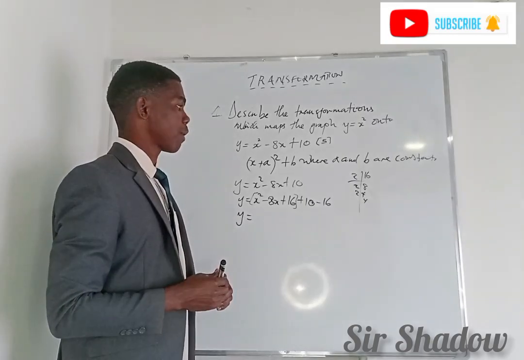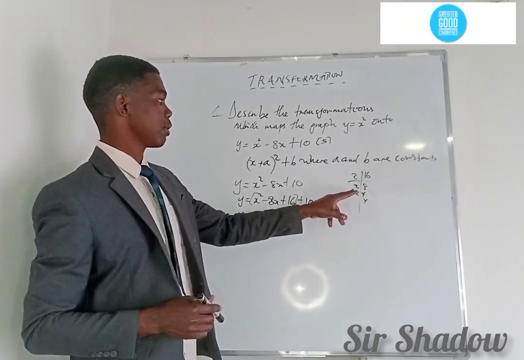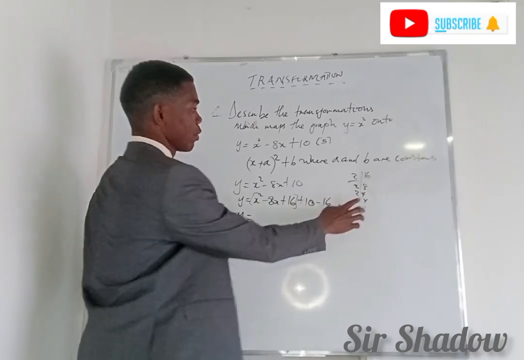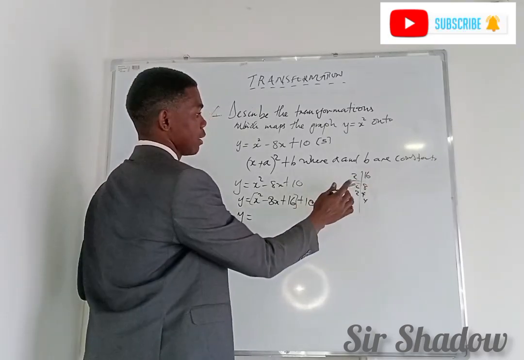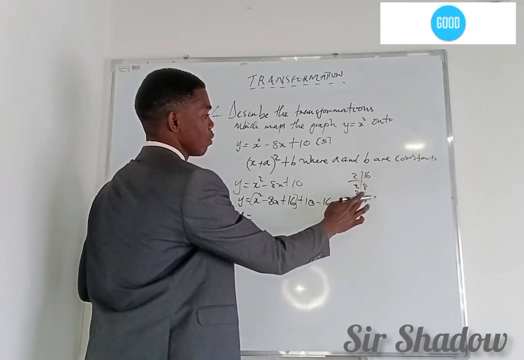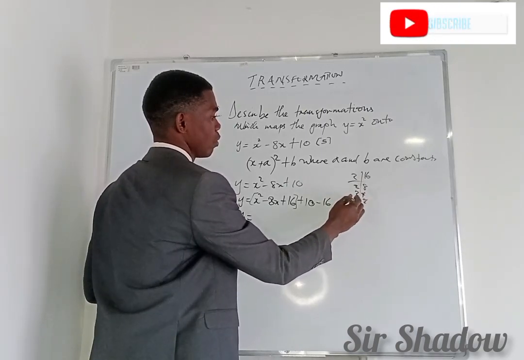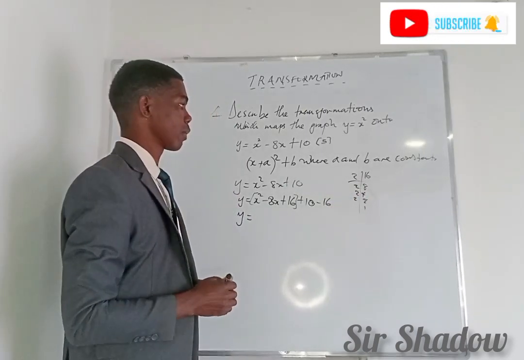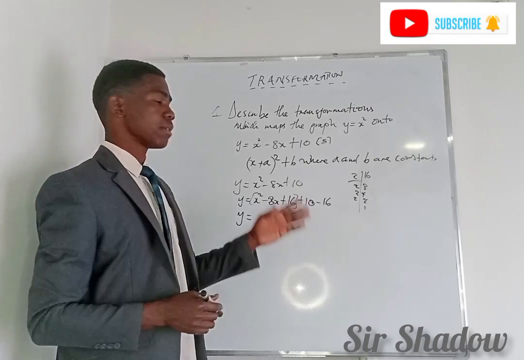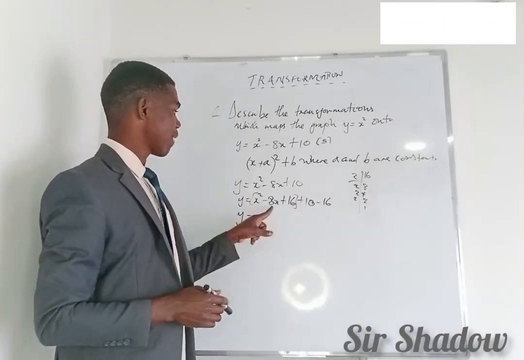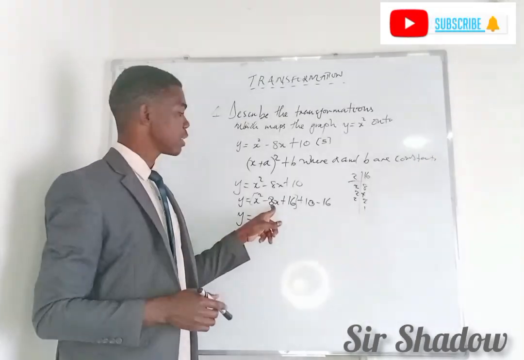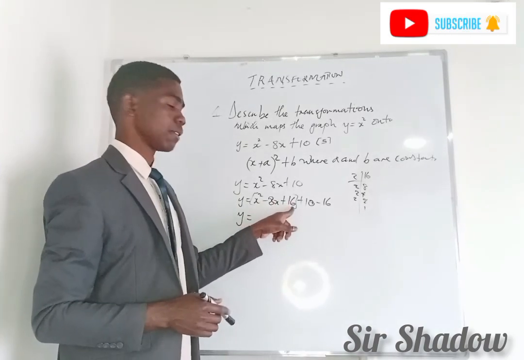The factors of 16 are minus 4 and minus 4, which add to give minus 8, and if you multiply them, the answer is positive 16.